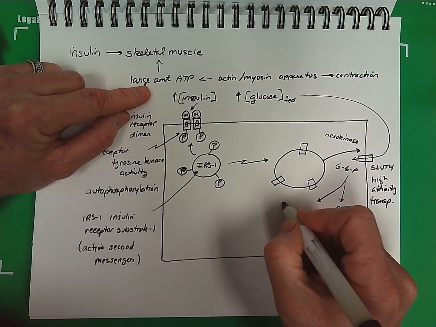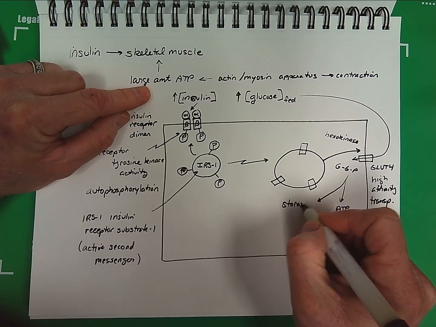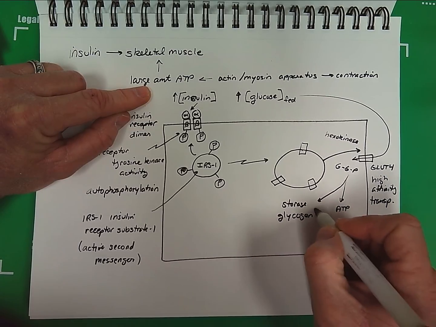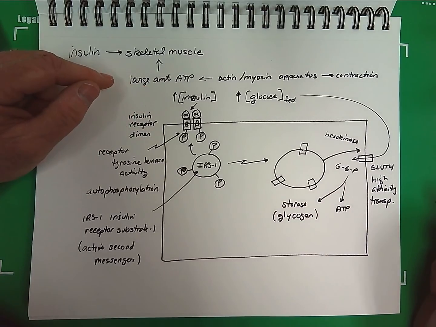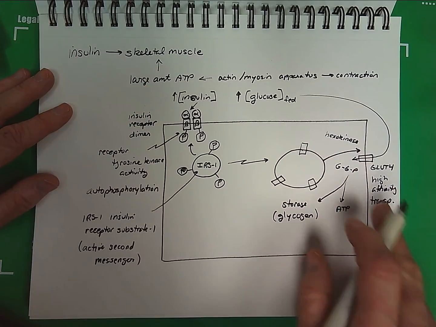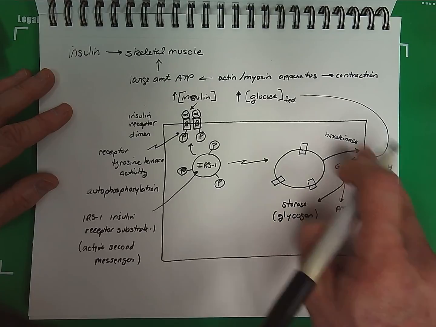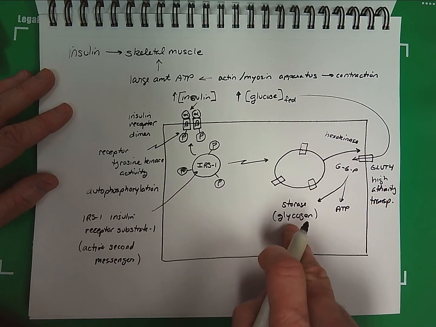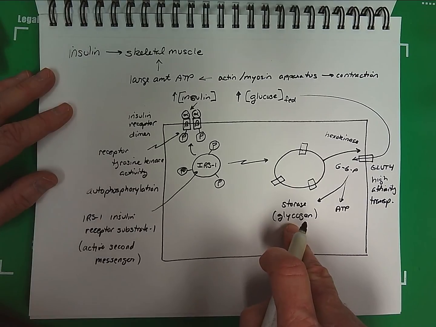The other is for storage, and this storage is in the form of a molecule called glycogen. So by this activity, the skeletal muscle now can take the glucose up in a fed state, generate ATP as it needs, and also can store for later during a fasting state.